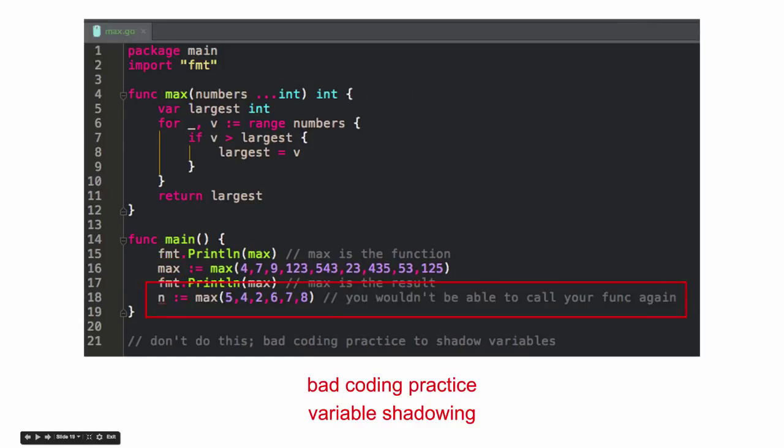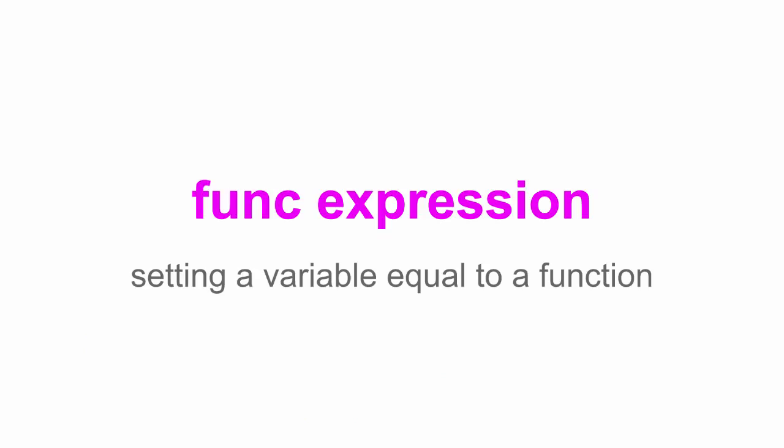I couldn't now run the function max again because max is no longer a function, it's now an int, right? So that's bad practice. I'm even explaining it and I'm like, this is stupid, or it's not easy to explain, right? Obviously, that's variable shadowing, but I've seen that too in Python, I think, or another one.